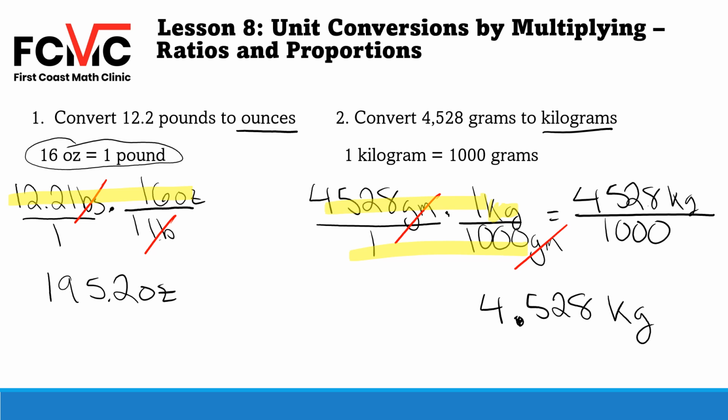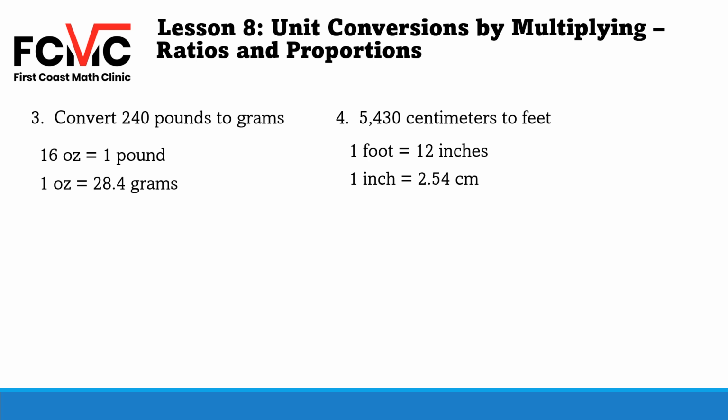Number 3, let's convert 240 pounds to grams. We've got a couple of conversions to do first. Let's do pounds to ounces and ounces to grams. So 240 pounds, I'm going to multiply this by 16 ounces over pounds.